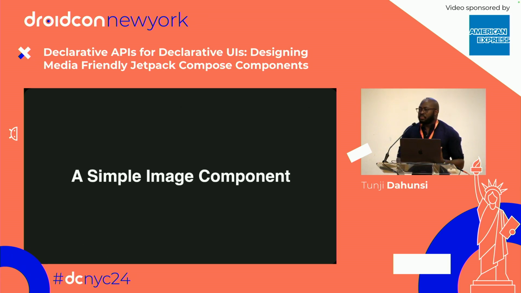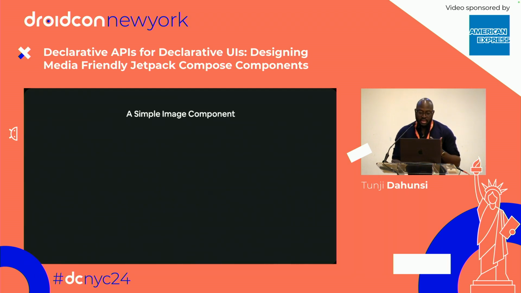So let's talk about building a simple image component with this. Your image component has some photo arguments in it. So I could have a URL, a content scale, which is what we're talking about, an alignment, and then also a content description.